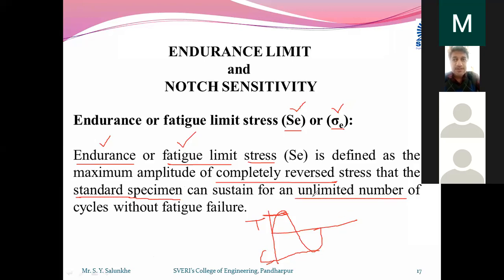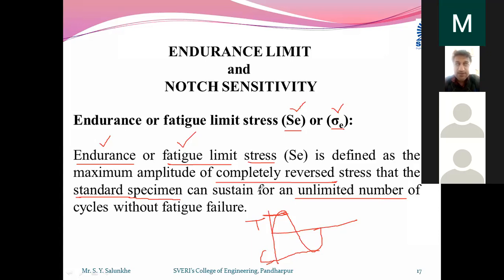What it means is that when we apply that value of stress, that amount of stress has to be sustained by one component. We are going to call it a standard component. That standard component has to sustain it for an unlimited number of cycles.